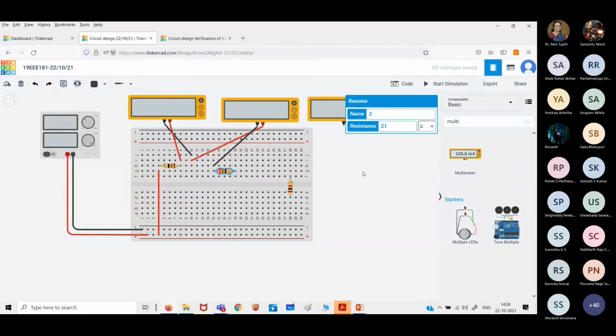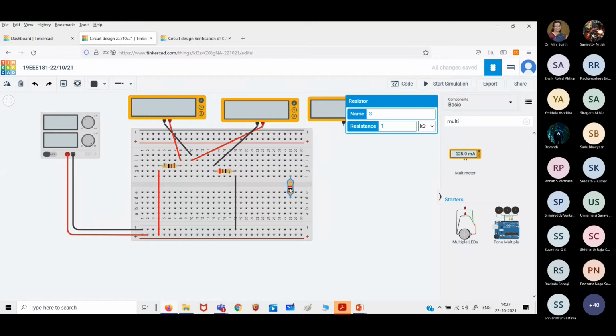Let me change it to ohms. So now this has become 21 ohms. Let me click it and check it again. Yes, 21 ohms. Now where is 21 ohms going? It is connected to the ground. That means negative. This much all of you have done?